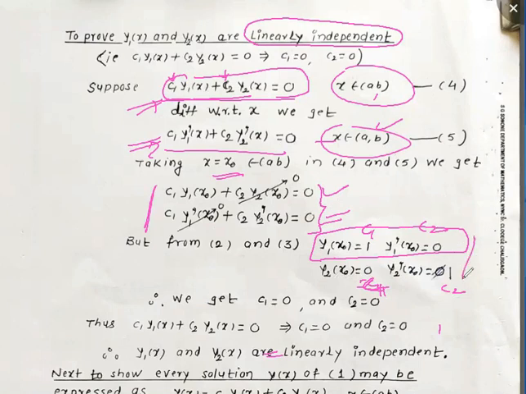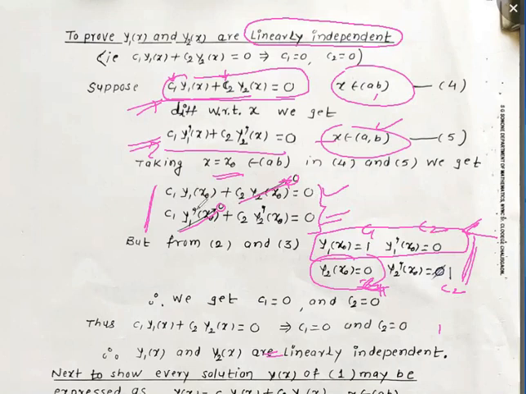This is by the existence and uniqueness theorem. These two solutions exist. So from equations 2 and 3, what are the values of y1(x0), y1 dash (x0), y2(x0) and y2 dash (x0)? Here we have written these values. Now y2(x0) is 0, so this value is 0, and y1 dash (x0) is 0. Now what remains in this first equation?